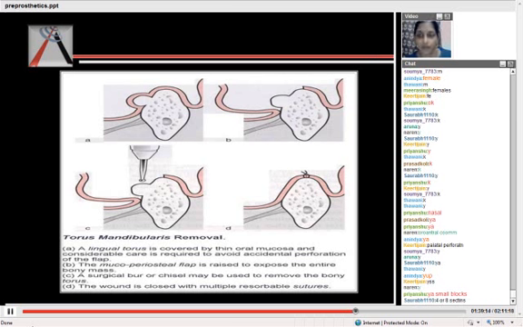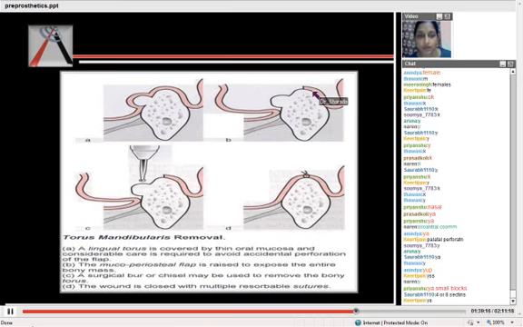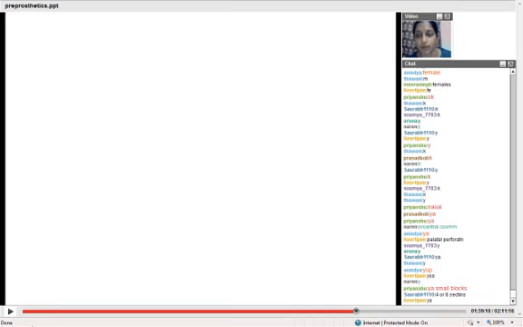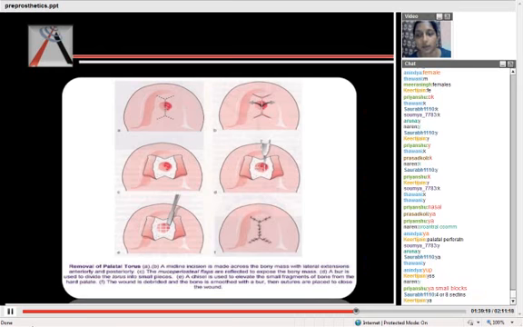Okay. So this is another picture of mandibular tori. I guess you got the picture. See, here you give this vertical incision and 2 Y-shaped incisions. Expose the palatal mucosa. This is the tori.